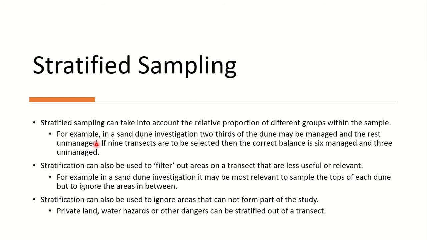Anybody can walk across them. They are not protected. So if 9 transects are selected, then the correct balance should be 6 managed and 3 unmanaged. If 2/3 of the beach is managed, then you should make sure that your study includes 6 transects in the managed area and 3 transects in the unmanaged area.